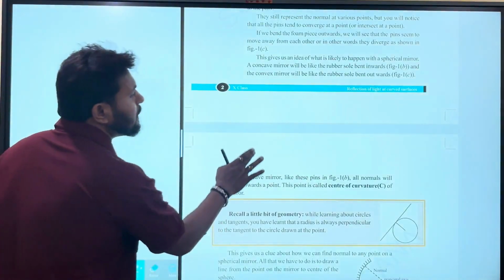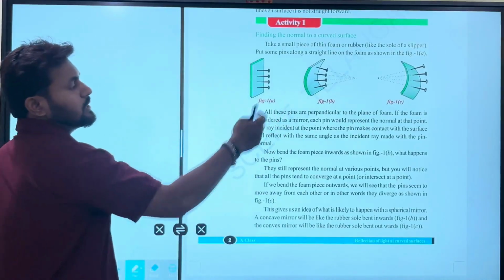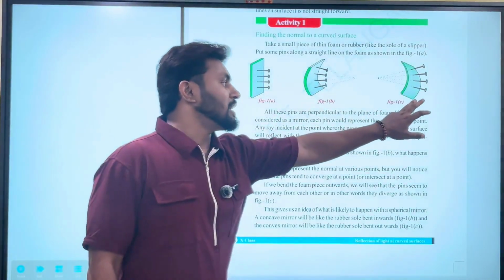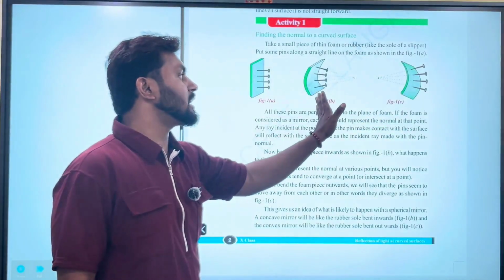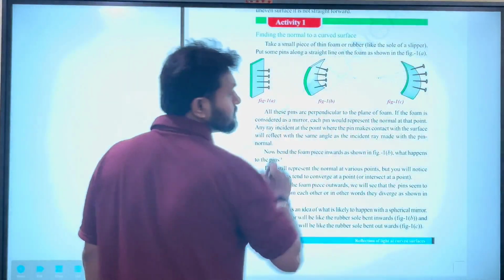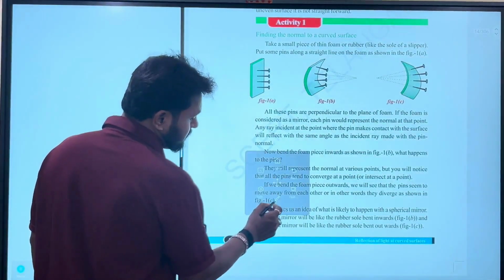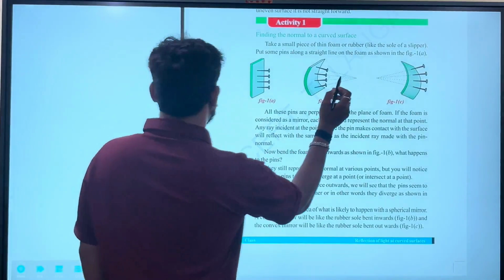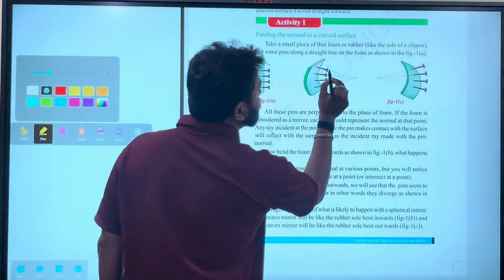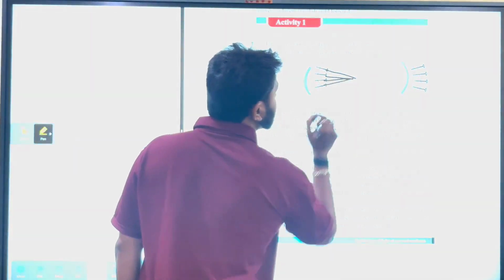So now we have something that you will learn further, that I have just told you: this resembles a convex mirror, this resembles a concave mirror, because as you can see, all the normal lines are inclined towards one, are meeting at one point. How is it meeting? Let me show you. It is meeting over here at one point.